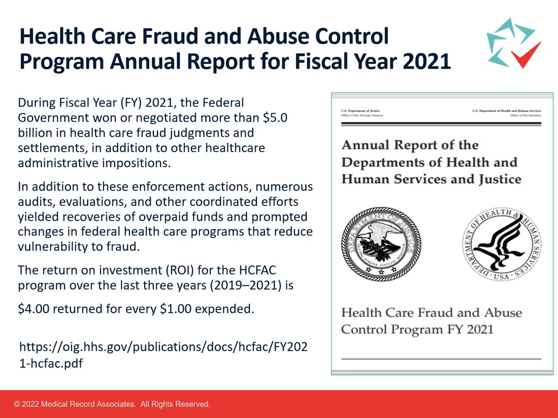So they feel they're having a good return on investment with this program. You can download this report as well, it is public. It did tell us that in fiscal year 2021, they won or negotiated more than $5 billion in healthcare fraud judgments and settlements. So that money would come back into the Medicare healthcare program and the trust fund.